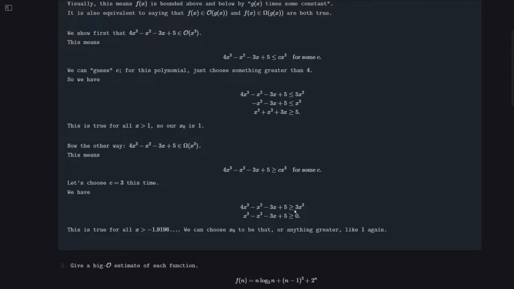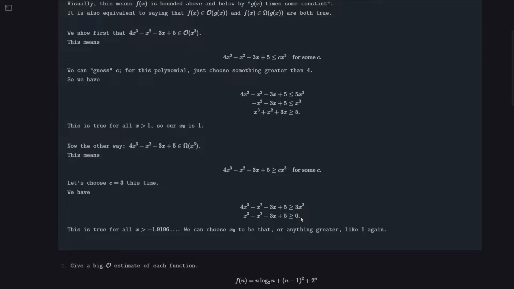So we put that into the inequality, substitute, we get 4x cubed minus x squared minus 3x plus 5 is greater than or equal to 3x cubed. Subtract 3x cubed from both sides, we get x cubed minus x squared minus 3x plus 5 greater than or equal to 0. Now it's really nice that we have a 0 here. So we want to see where this inequality is always true. Past what x0?